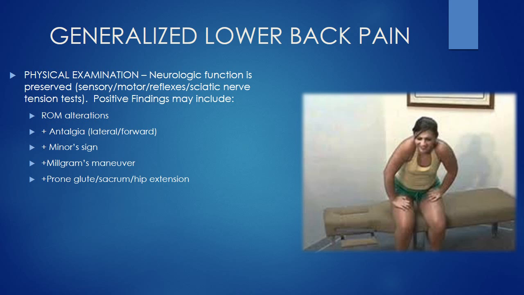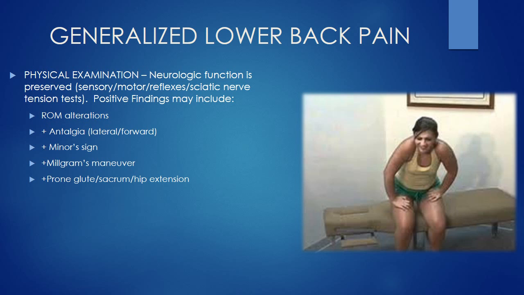Now, it's possible to have some areas of weakness of lower extremity manual muscle testing. However, that weakness is more associated with localized lower back pain rather than being due to any dysfunction of lumbar spine nerve roots.